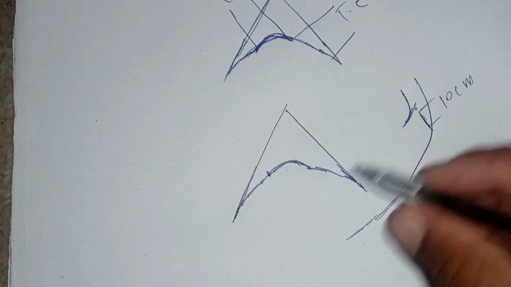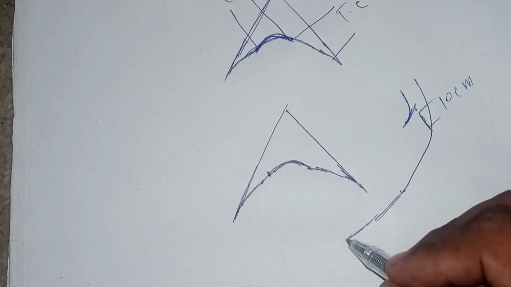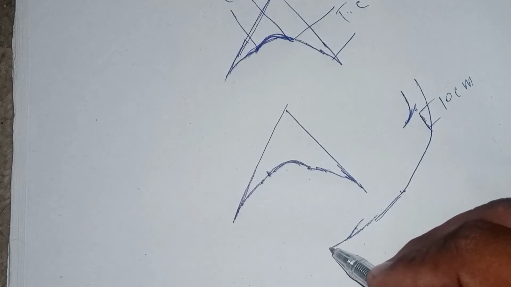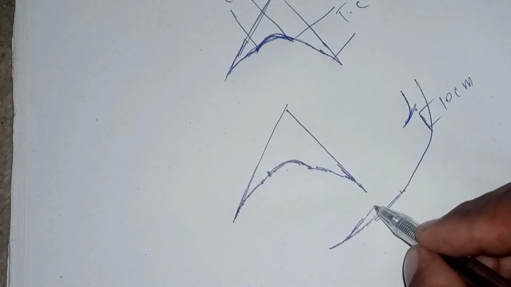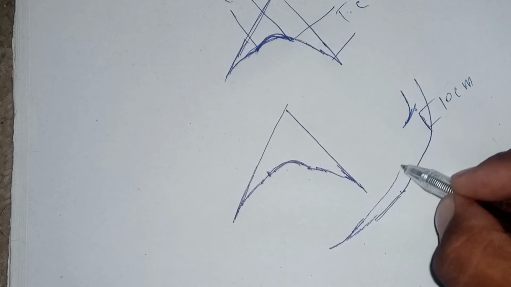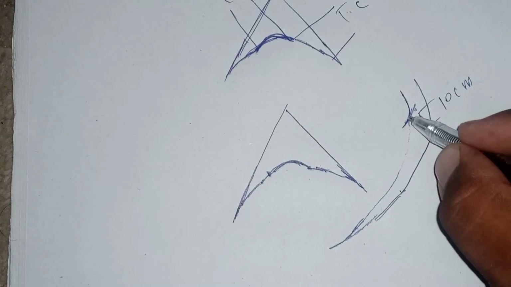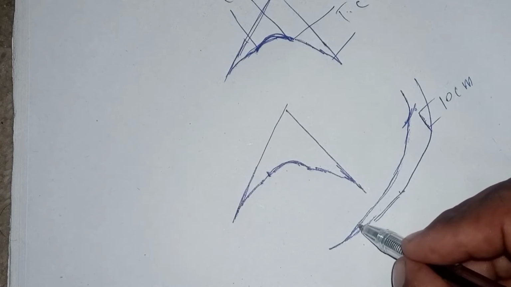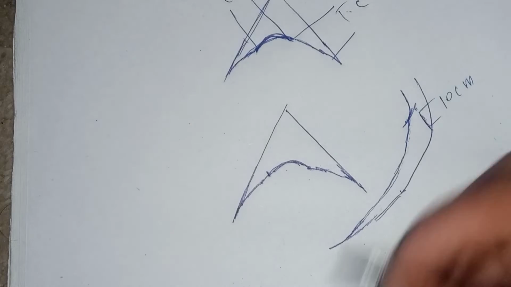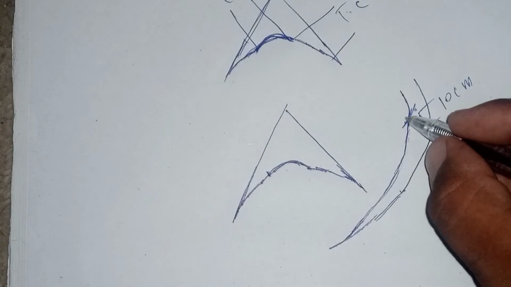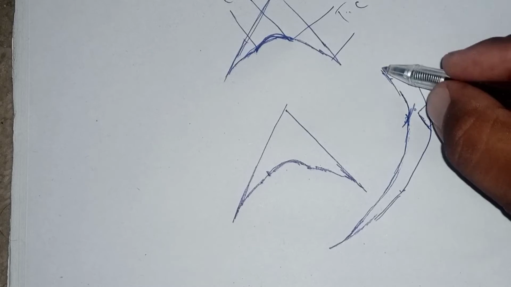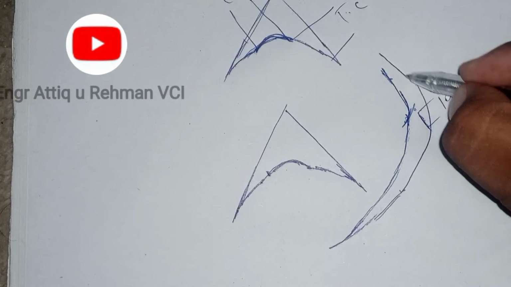The line has zero magnitude at the start but increases up to the required point, and the curve has maximum curvature as the line increases.